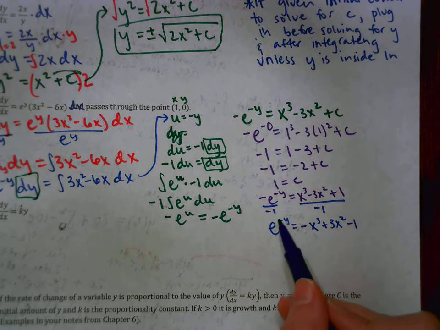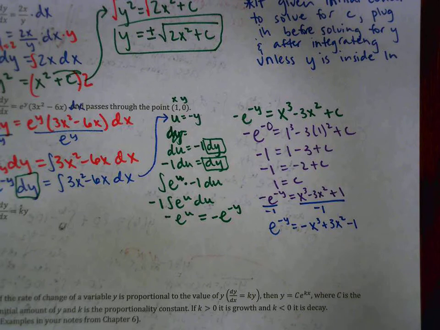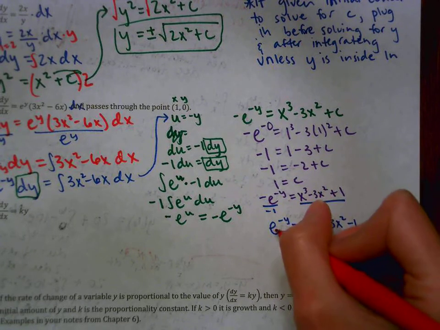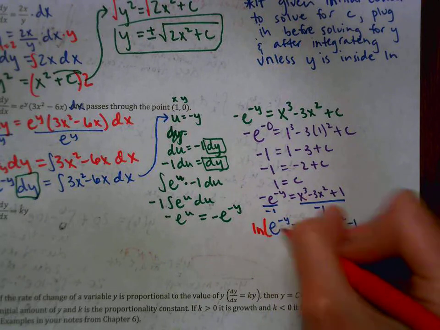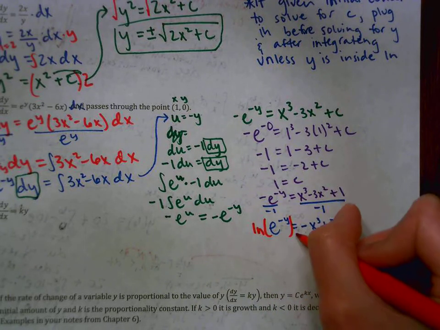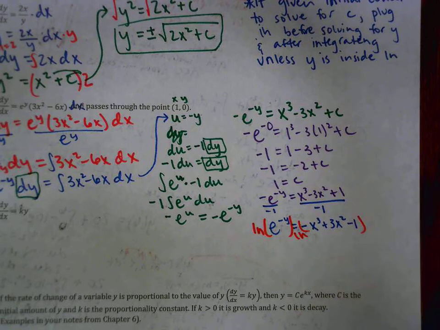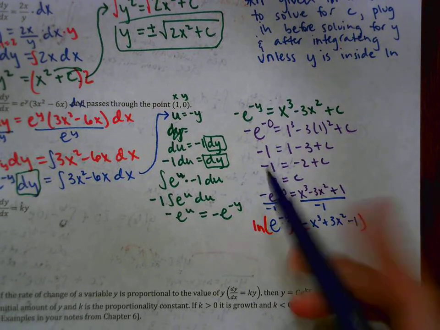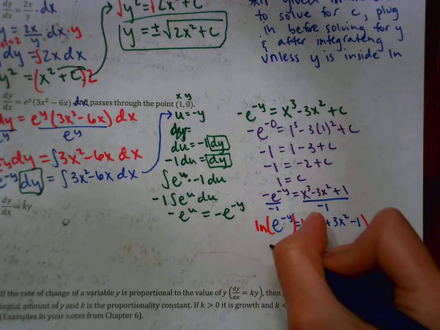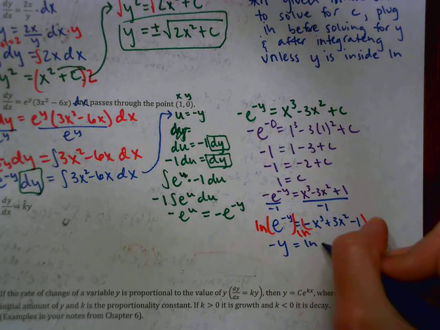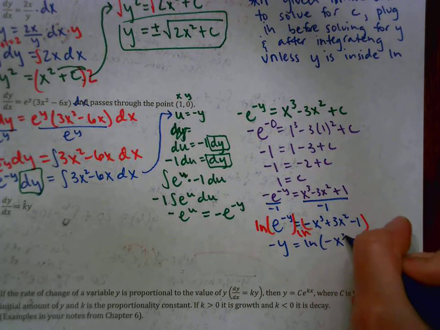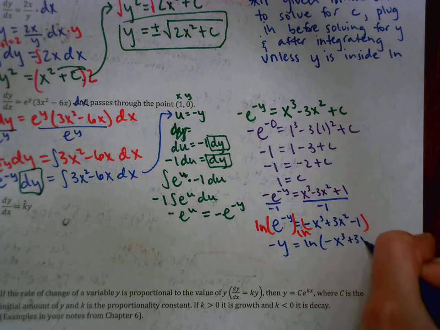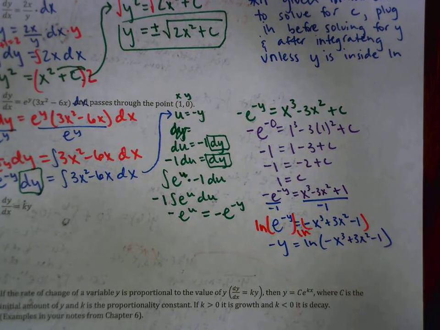And now how do we get this negative y out of an exponent? We talked about this at the beginning of the chapter 5 review: if it's in the exponent for e, then you're going to take the natural log of each side. Because natural log of e cancels, you're left with just negative y equals the natural log of negative x cubed plus 3x squared minus 1.